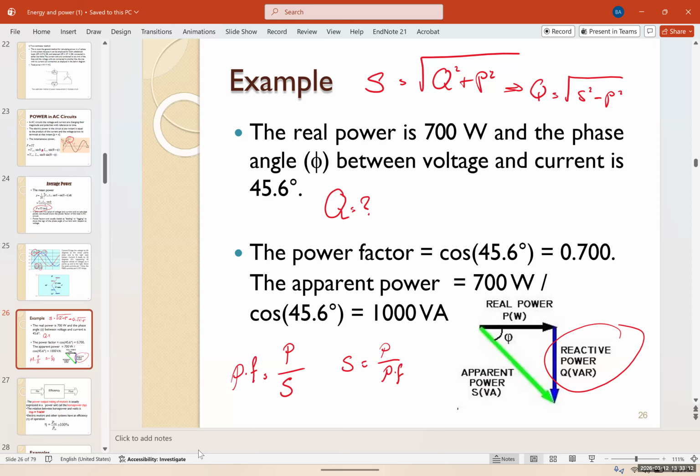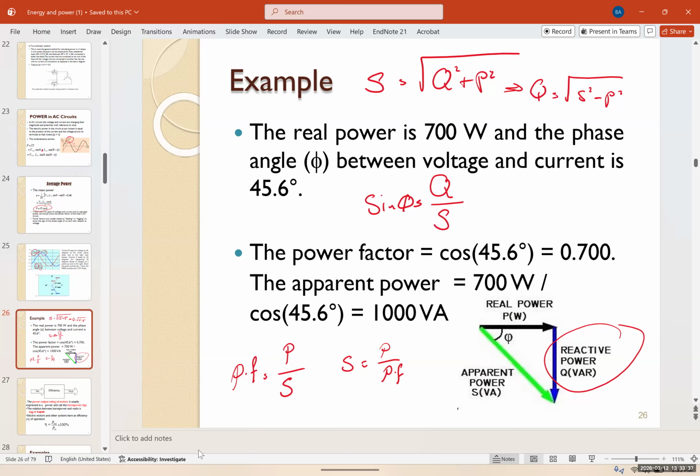Yes, and there's another, easier way to do it. We already know the angle. So sine of phi is equal to what? No, in terms of, it's going to be Q over what?